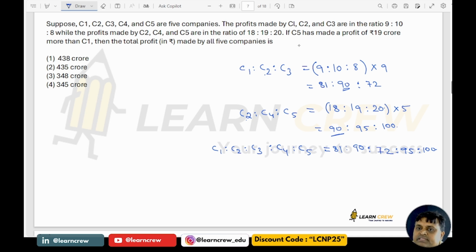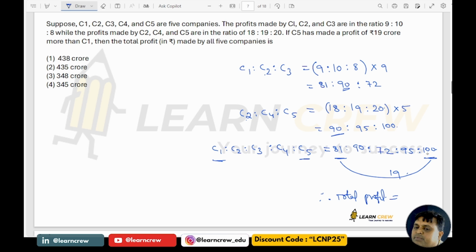And now it is given that C5 has made a profit of 19 CR more than C1. So this difference is 19 parts, which is 19 CR. Then the total profit made by all the companies is just the total parts.